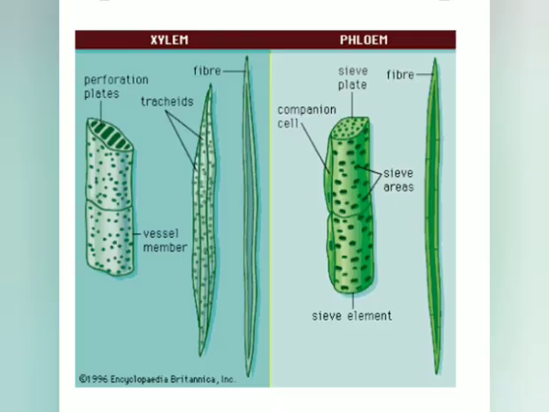The xylem consists of four types of cells, that is, tracheids, vessel elements, xylem parenchyma, and xylem fibers. The phloem consists of sieve tubes, companion cells, phloem parenchyma, and phloem fibers.